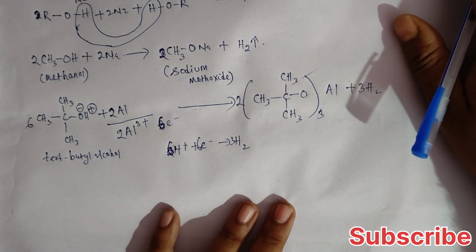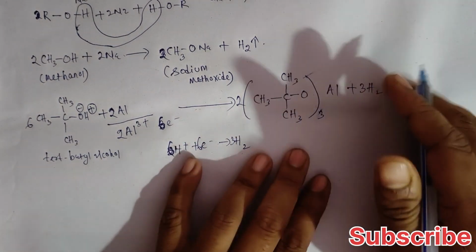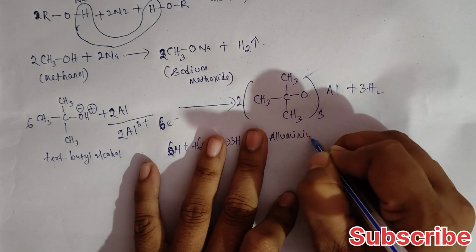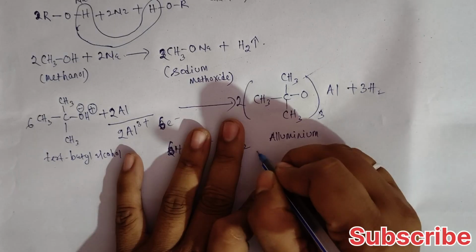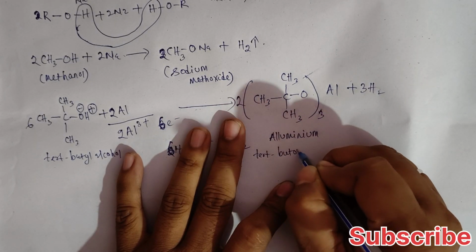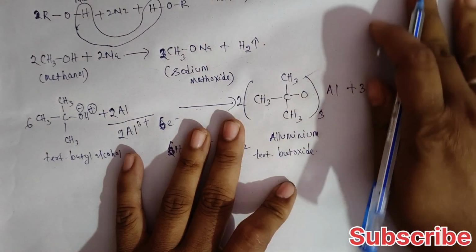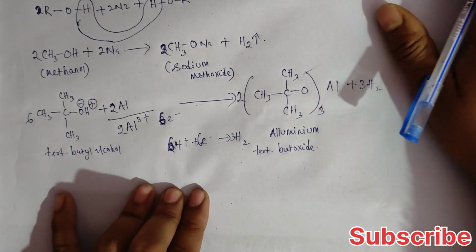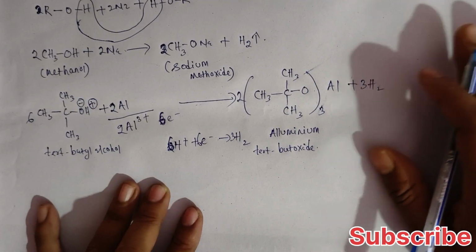So this kind of reaction will be obtained. This will be called aluminium tert-butoxide.